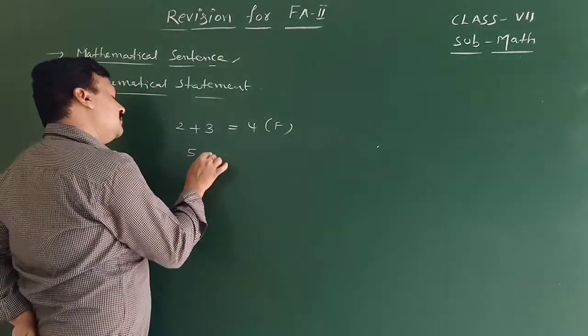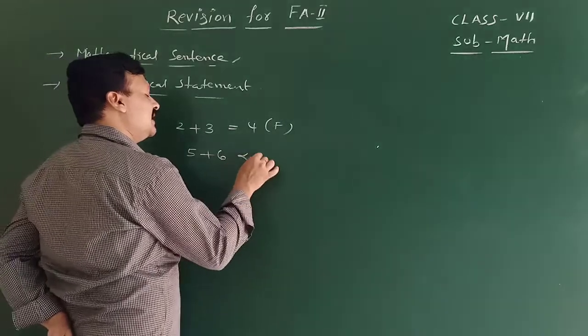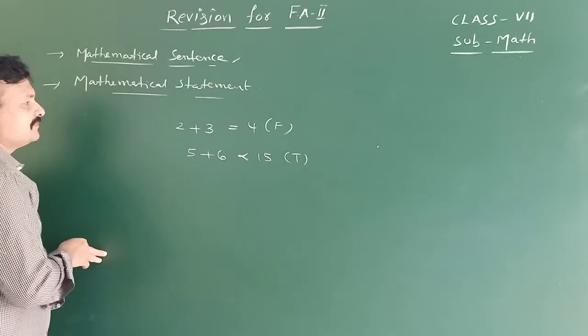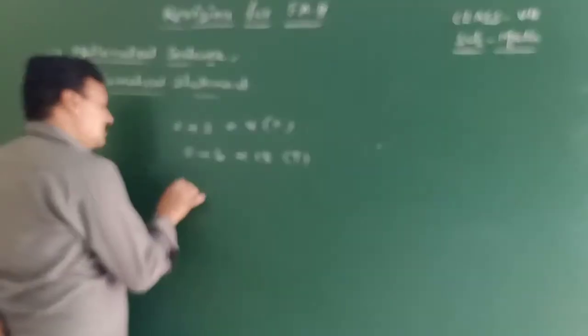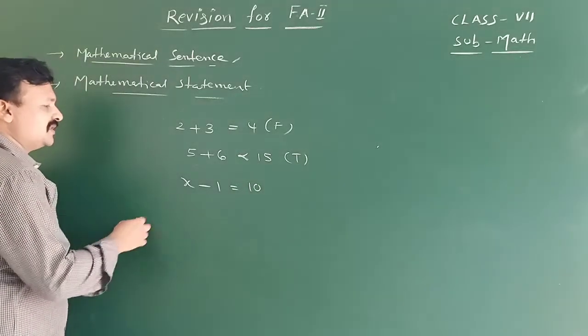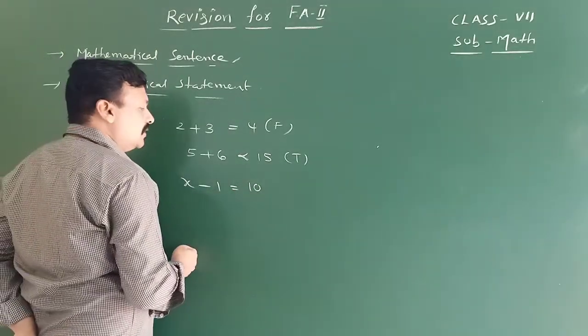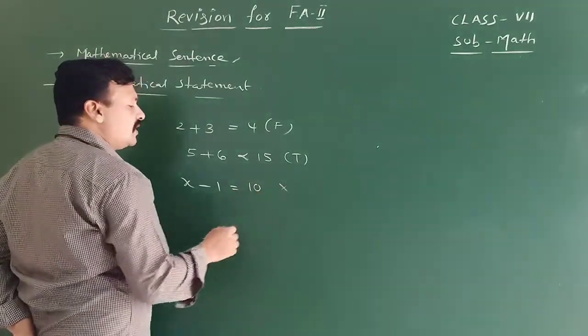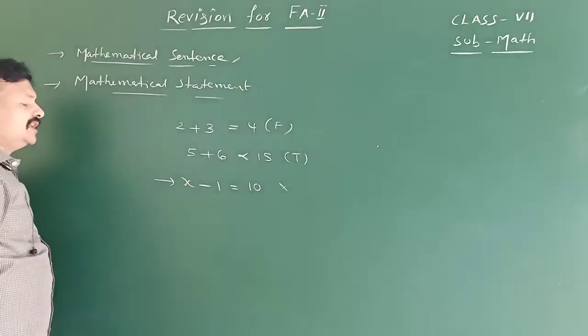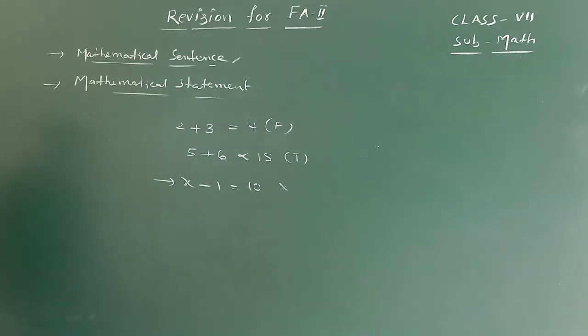Here, 5 plus 6 is less than 15. It's a true statement. Here, x minus 1 equal to 10, which can't be judged either true or false. That's why here x minus 1 equal to 10 is not a mathematical statement.